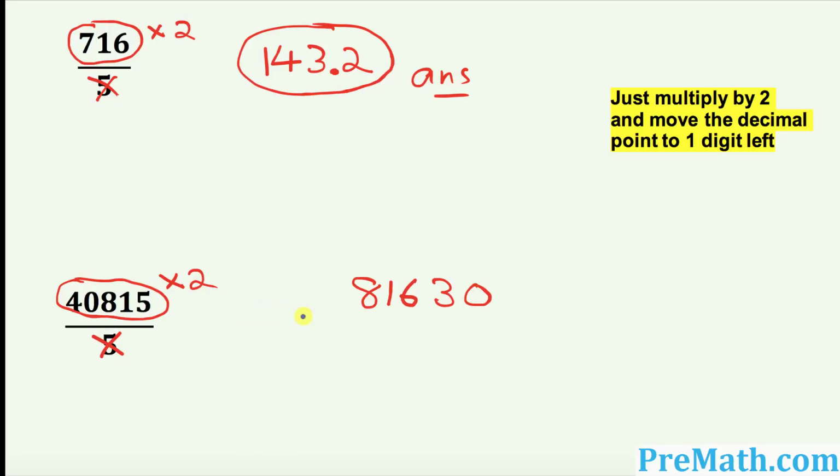And now what you're going to do next, I want you to just shift your decimal one unit to the left. It's going to show up right up here. So this could also be written as 8, 1, 6, 3. And that is your answer to this problem.